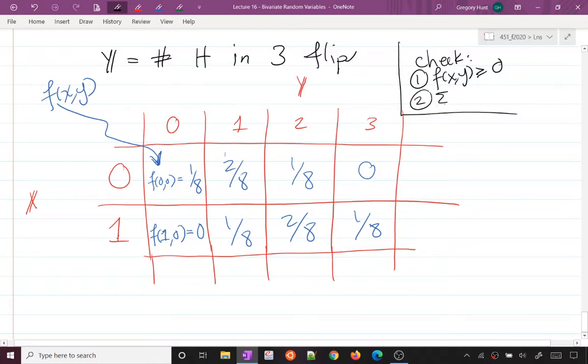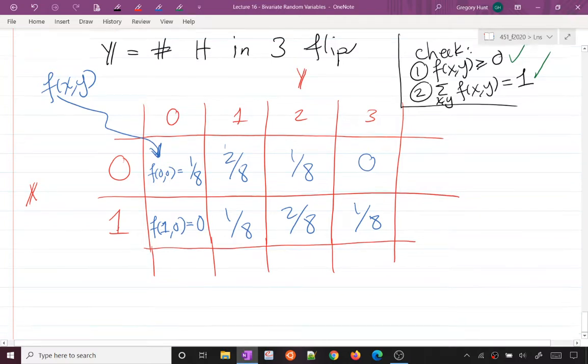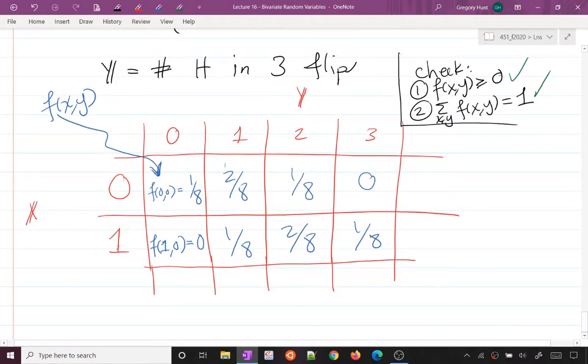And the second fact is that if I sum over both x and y of f of x, y, I should get 1. And if you go through and derive it all, there's 1/8, 2/8, 4/8 plus 4/8, it sums to 1. So both of these facts are true. It's a valid PMF. So I haven't made any mistakes. So this is my joint PMF.